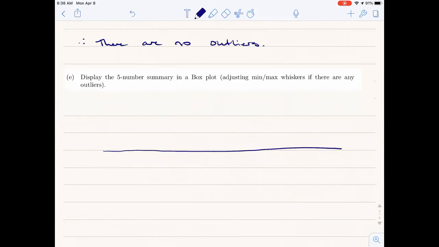Just a quick little number line, starting at 55, 60, 65, 70, 75, 80, something like that. Just a quick sketch.